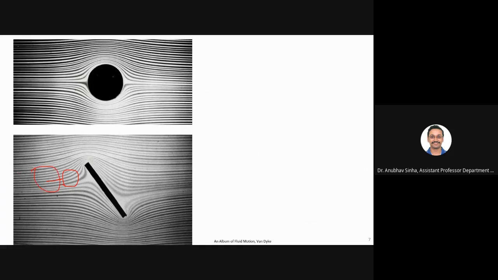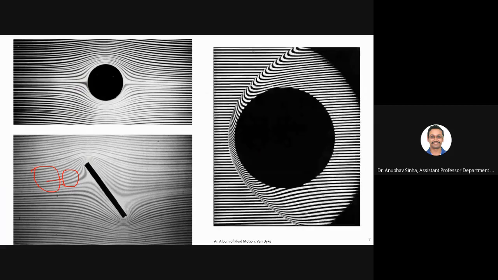While this is a supersonic flow, and this is not a streamline. These two are streamlines. This is an interferometry image, based on density visualization, but still the streamlines, if you measure, will also behave in a similar way.